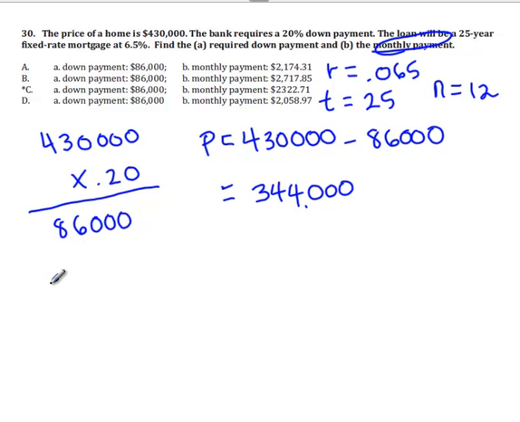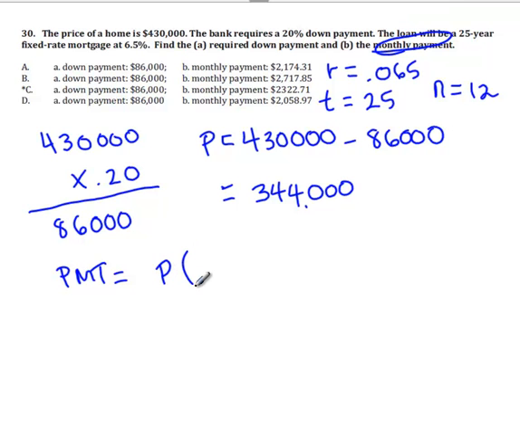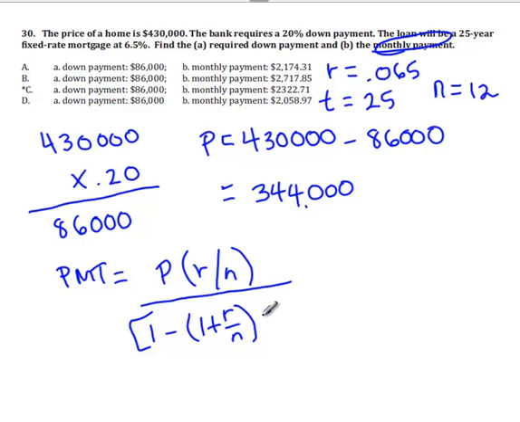So the formula for the payment is the amount you borrow times R divided by N, divided by 1 minus 1 plus R over N to the negative NT.